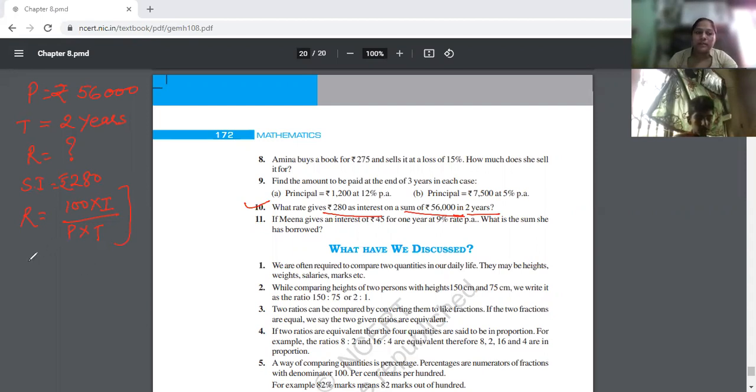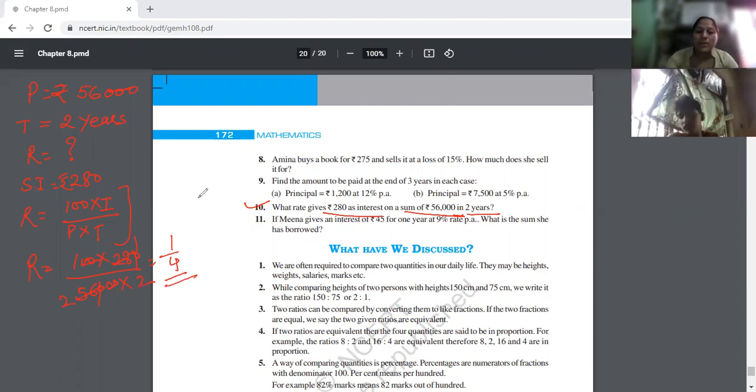Done Deep. Rate is 100 into interest, that is 280, into principal, 56,000, and time is 2. 20 will cancel 20, 10 will cancel 10. 28 and 2 by 56, it is 1 upon 4.